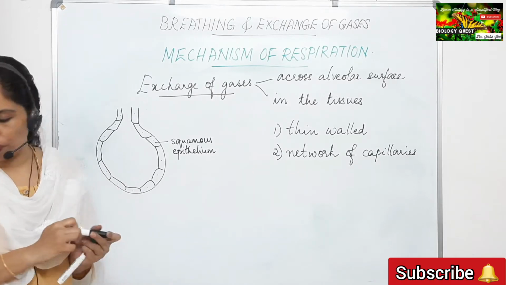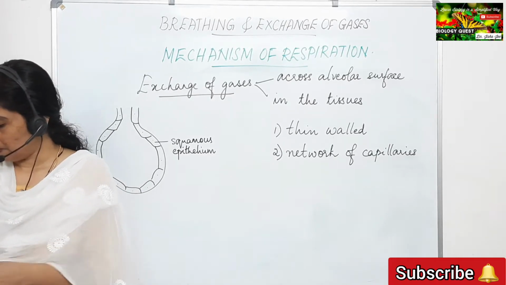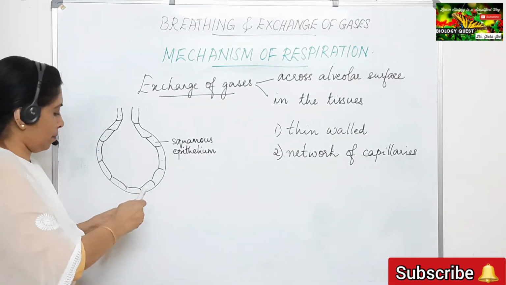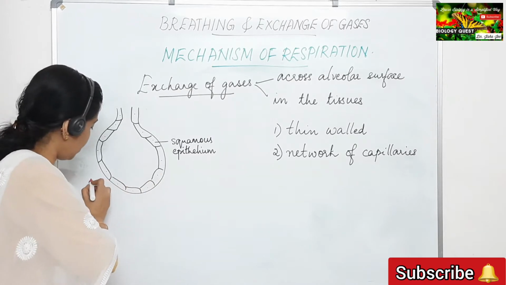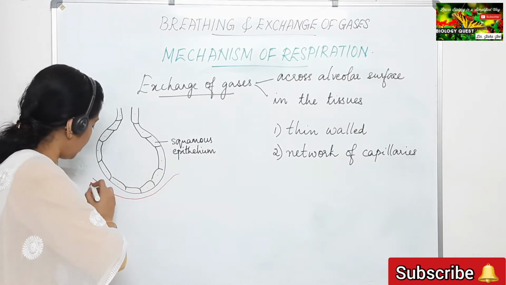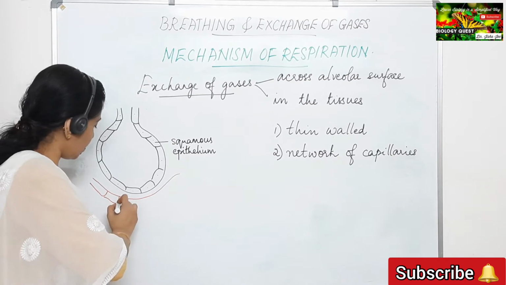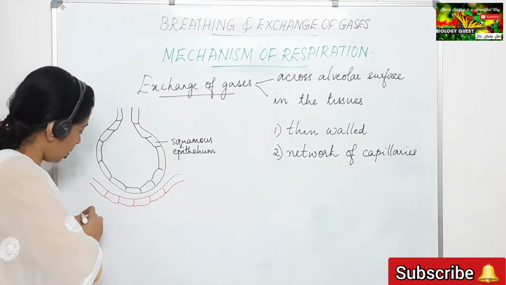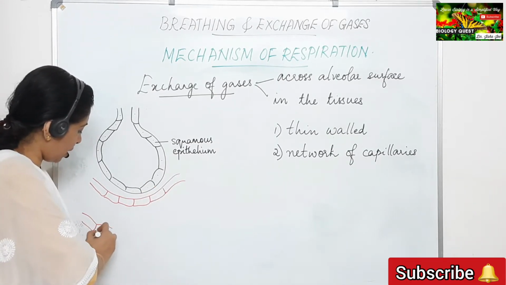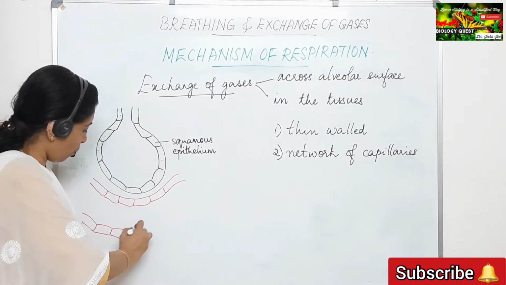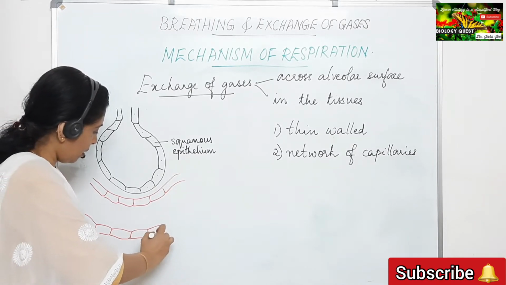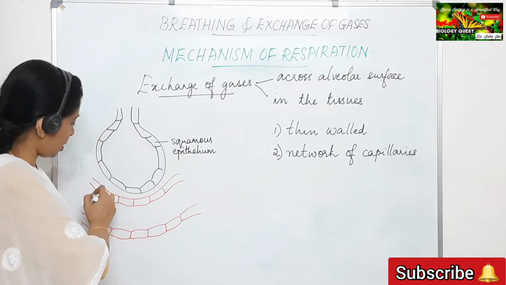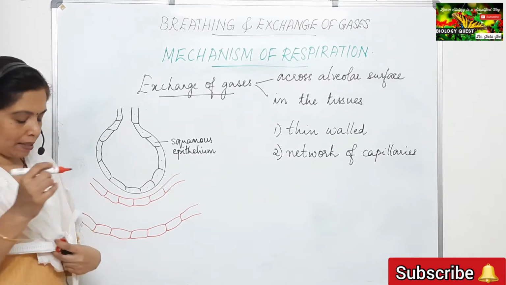Here I am just drawing one capillary alone. That is the wall of the capillary. As you know, the wall of the capillary is also one cell thick. That is the capillary wall, which is one cell thick.